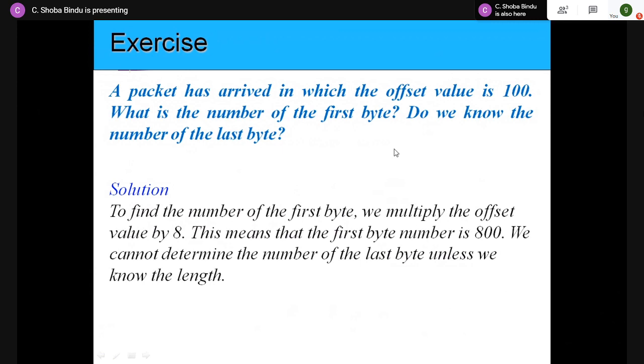So 100 into 8. That is the first byte number in this fragment. So it is 800. Can we decide what is the number of the last byte? Here with this data, we cannot decide what is the last byte. If you know the size of this fragment, then you can specify the last byte.